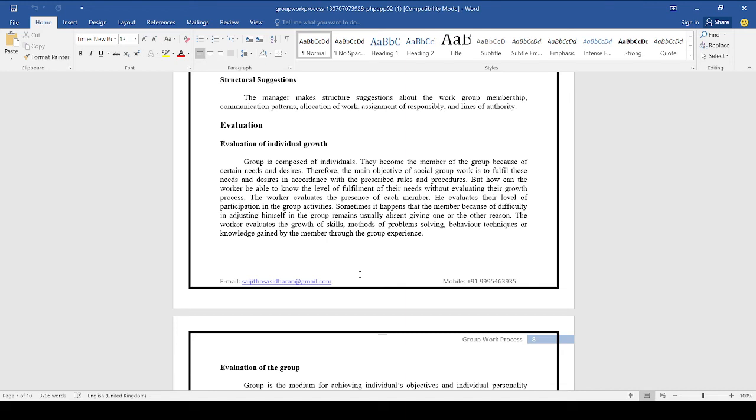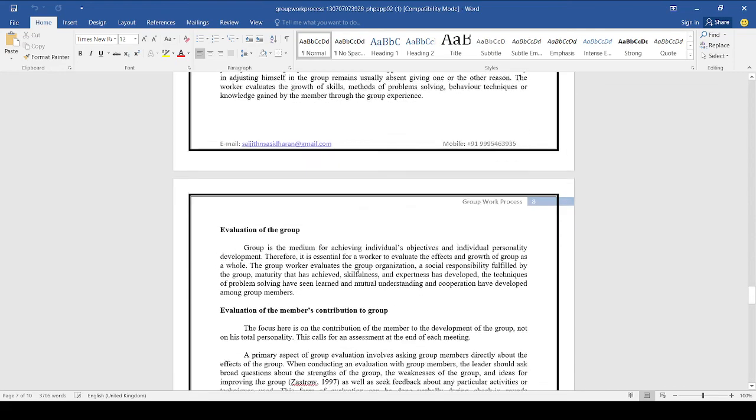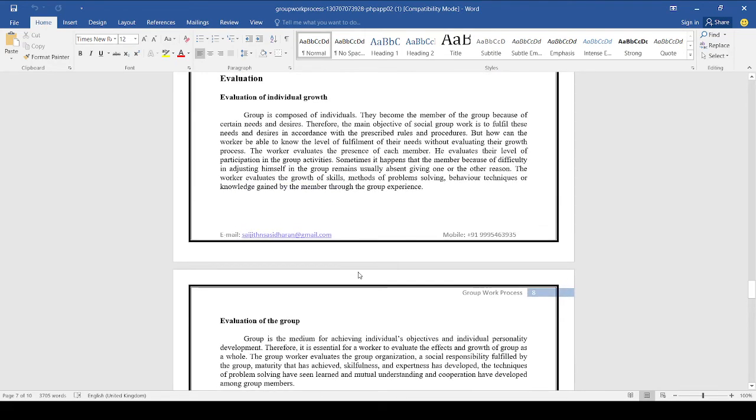He or she evaluates the level of participation in the group activities, and the worker evaluates the growth of their skills, methods of problem solving, their behavior modifications, and their knowledge, what knowledge is gained by the individual members through the group experiences. These are the factors to be evaluated by the group worker in the evaluation of individual growth.